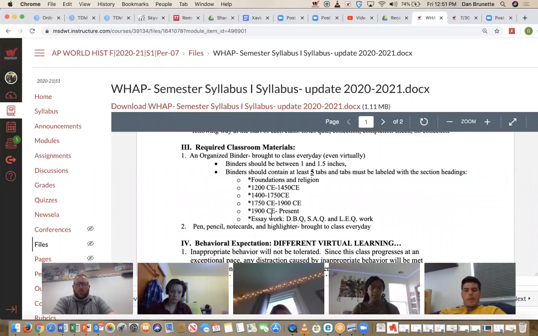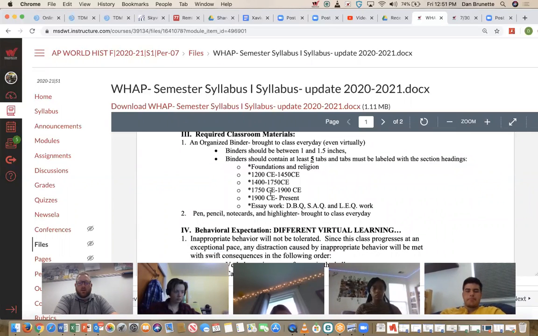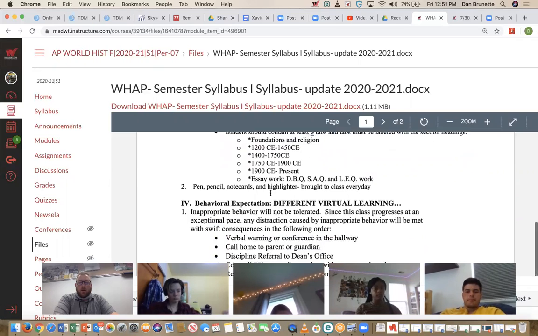And then there should be one for essay work and skills work, DBQ, document-based question, SAQ, short answer question, and LEQ, long essay question. So that's how your binders and tabs should be set up. That should say 6. And you need to make sure you work on getting that done really over the weekend.